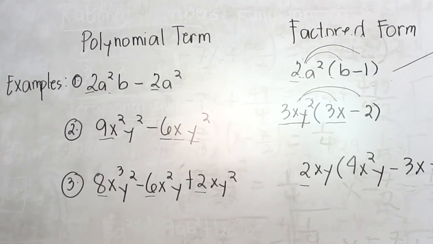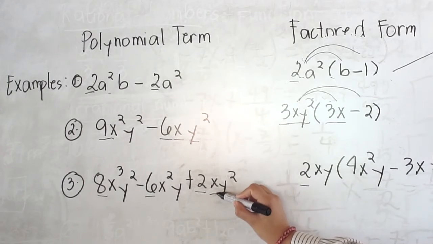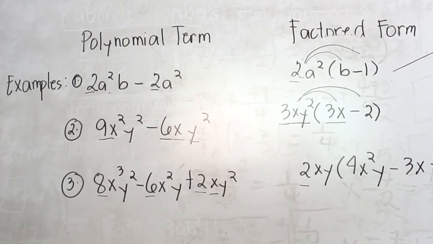And then for the variable x, just like we did in our previous example, we need to find the lowest exponent. The lowest exponent here is x. And the next is y. The lowest exponent in the given polynomial terms is y. So now we have our factor.